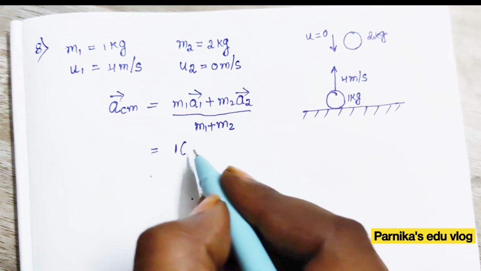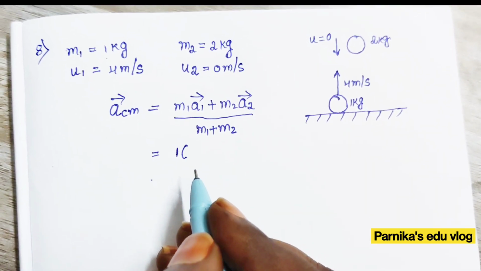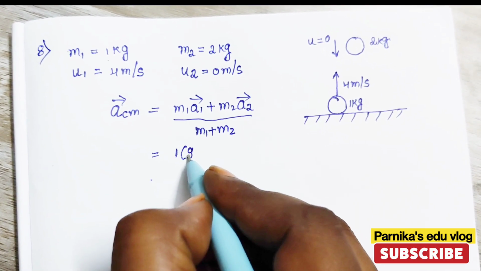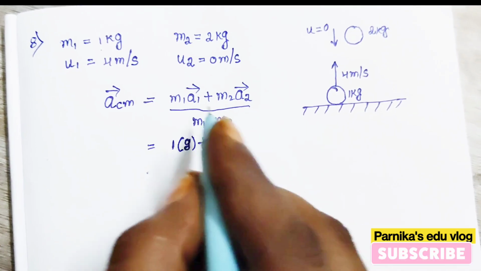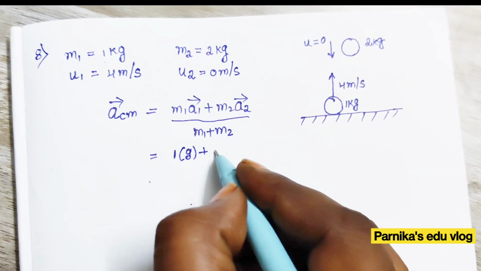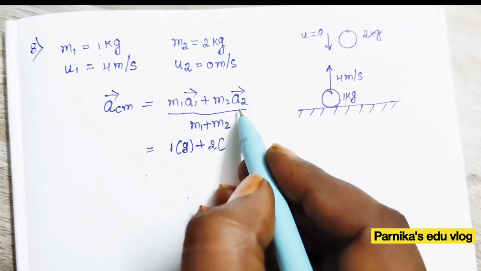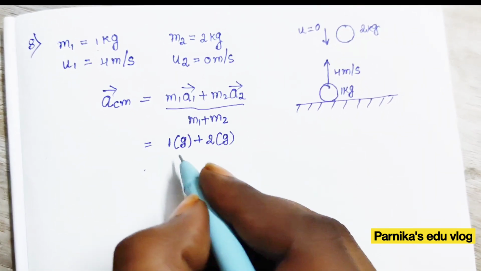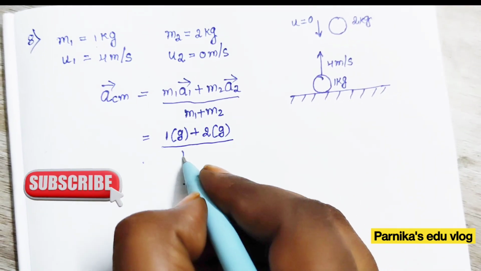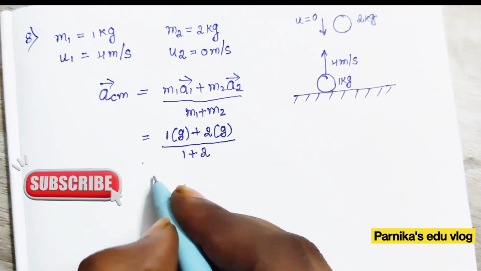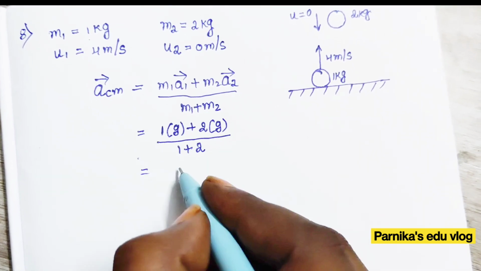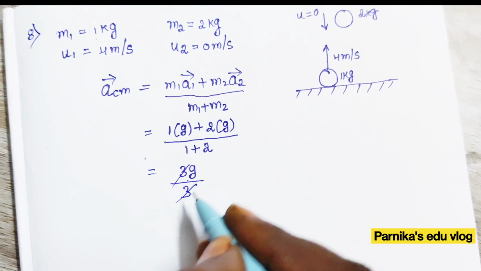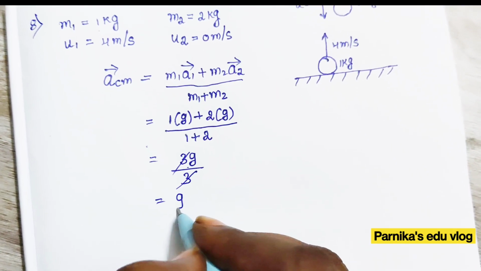So 1 into what is A1? Means gravity, right? Acceleration due to gravity will be g only. Plus M2 is 2 kg, so 2 into, and the acceleration of second mass is also g only, divided by 1 plus 2. So 1g plus 2g is 3g, divided by 3 gets cancelled, so we'll get g.